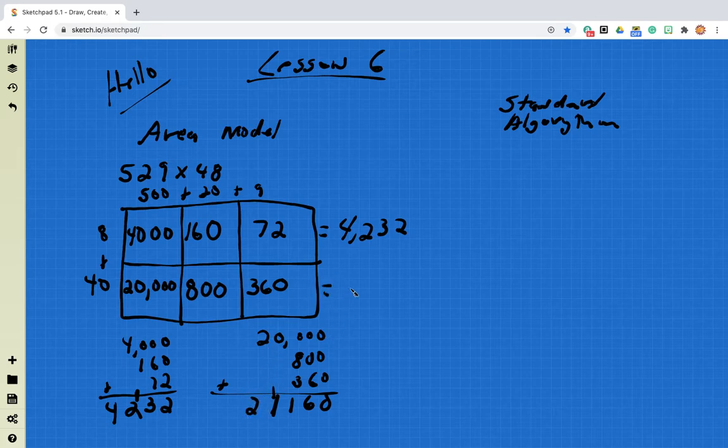So for this partial product, I get 21,160.